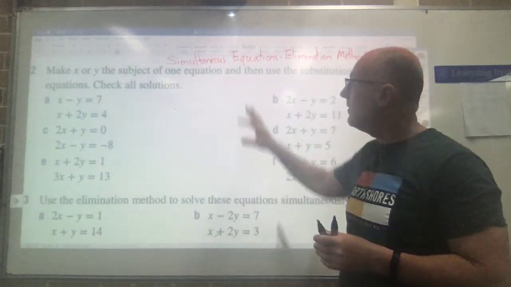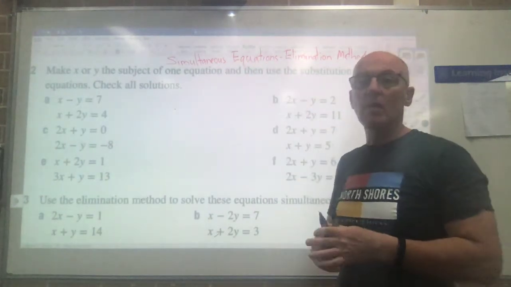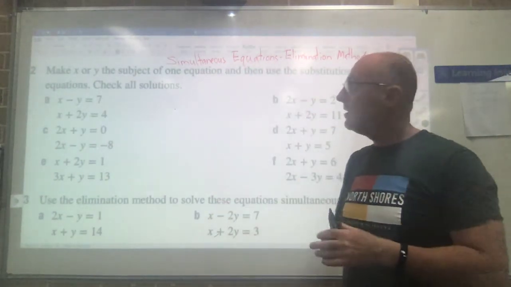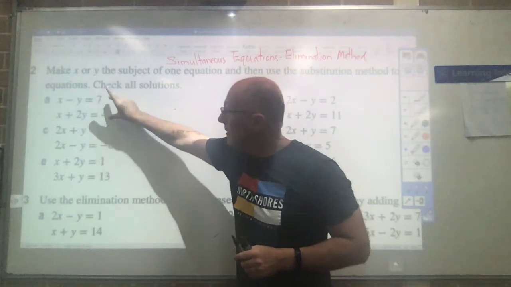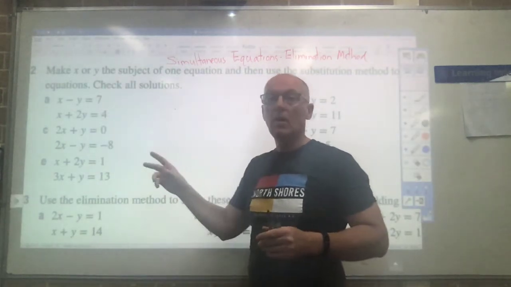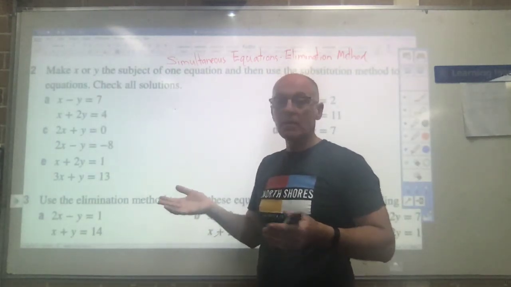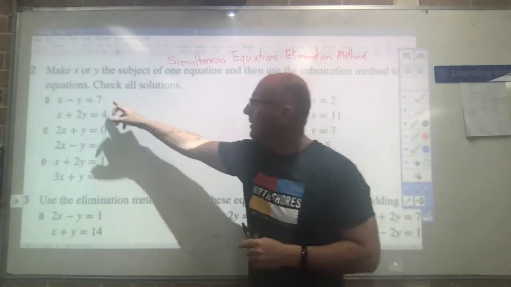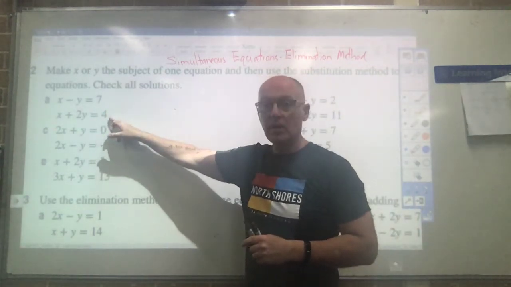Now, just going over what a simultaneous equation is and what it means as far as graphs go. You should know that this pair of equations on a Cartesian plane would form a straight line, and this would be a straight line.